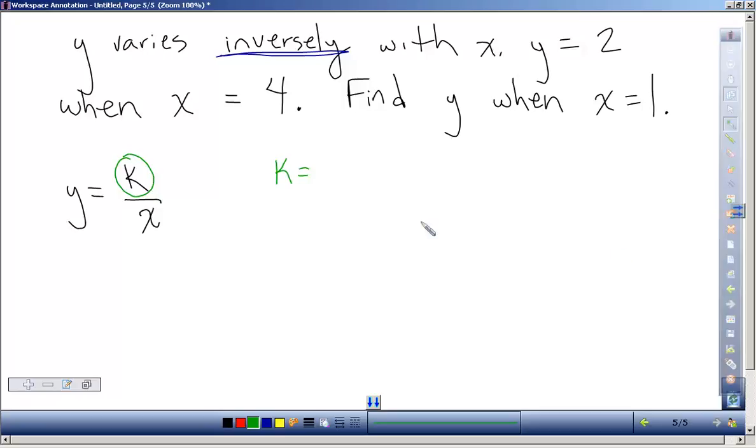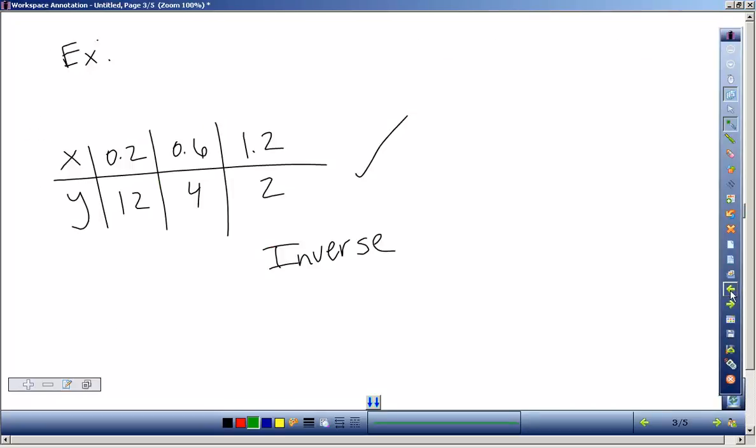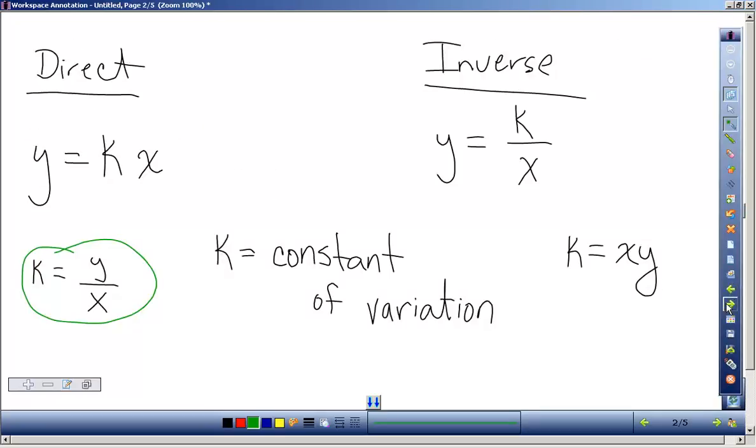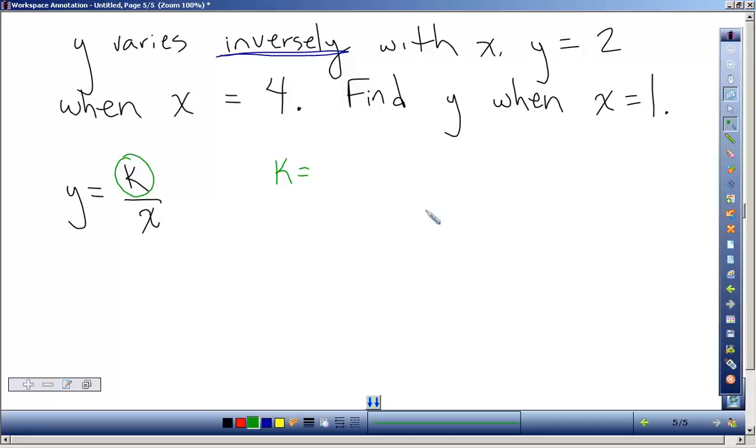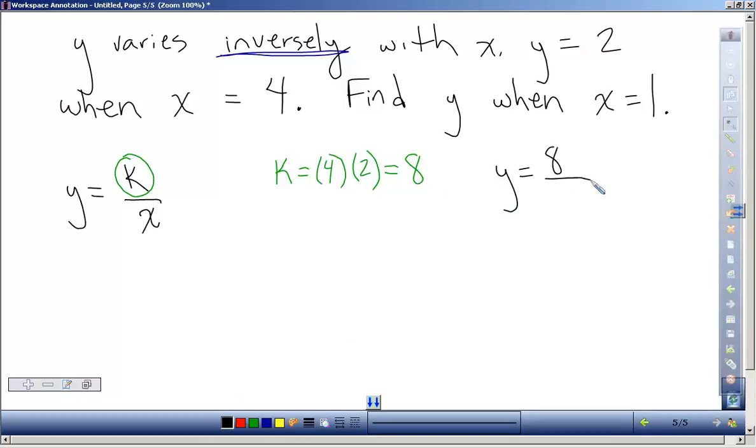Again, the only thing missing, k. So I got to remember that for an inverse relationship, we said that k was equal to x times y. So I need to find x and y. So x and y were 4 and 2. So k must be equal to 8, which means that y is equal to 8 over x.